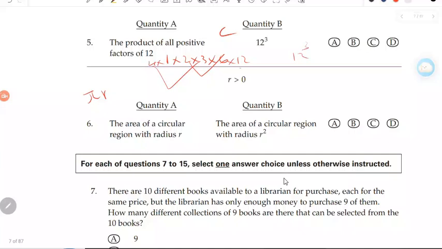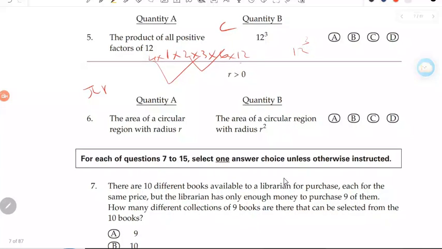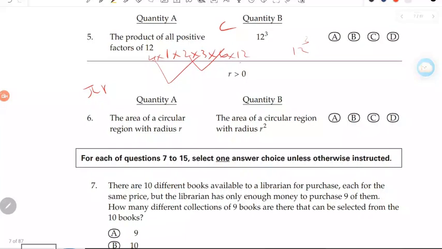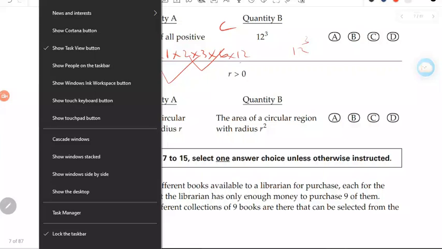Are we together? If the area of a circular region with radius r and the area of a circular region with radius r squared, if r is 1, r squared is also 1, is that not?